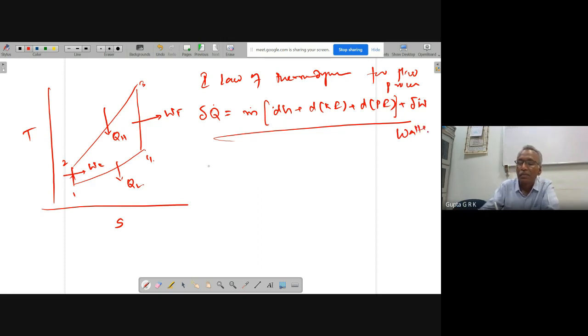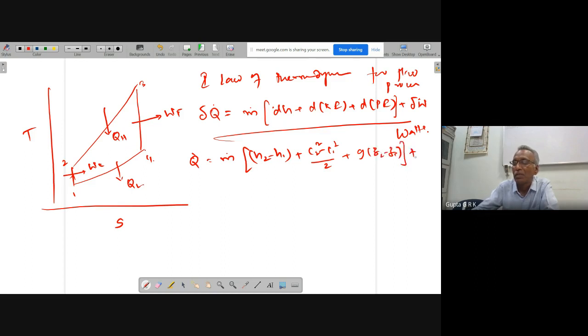If I integrate this, we get Q dot is equal to m dot into H2 minus H1 plus (C2 square minus C1 square) by 2 plus g (Z2 minus Z1) plus W dot watts.